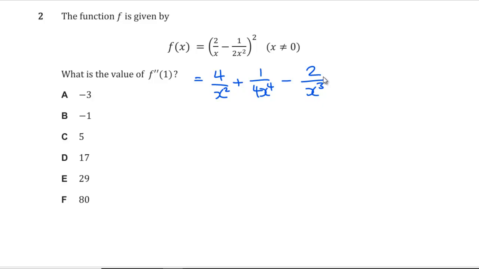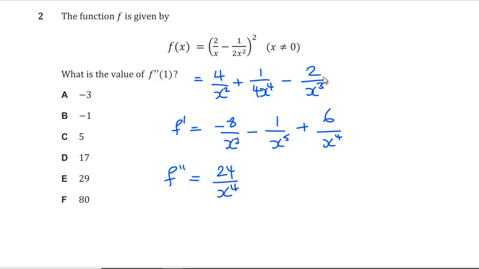Okay. So differentiate this twice. So that's going to be minus 8 over x cubed. That will be minus 4. So the 4's will cancel. So minus 1 over x to the 5. And that will be plus 6 over x to the 4. Go again. That's now going to become a plus 24 over x to the 4.